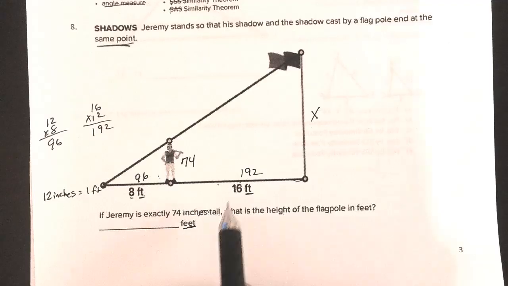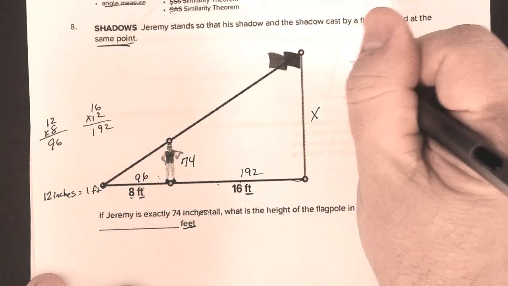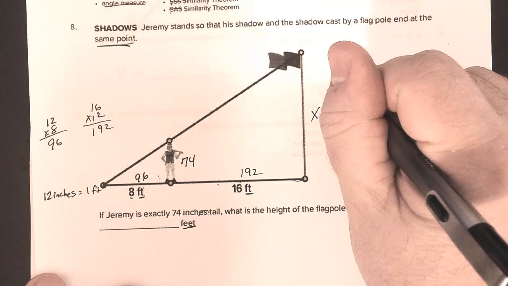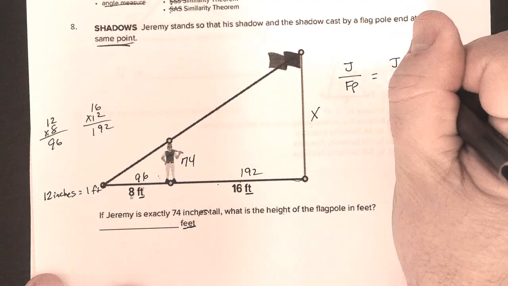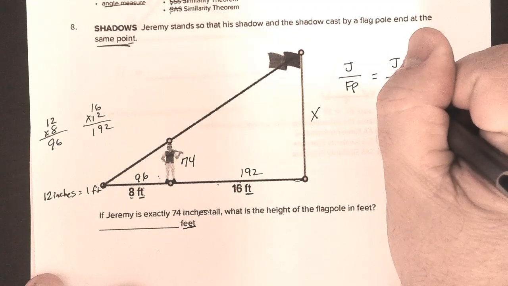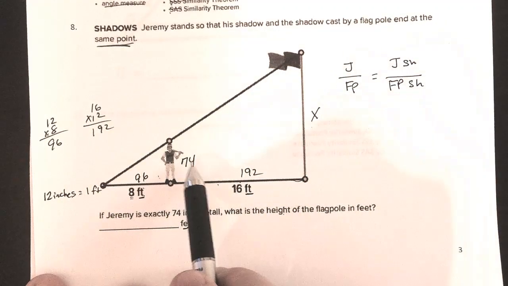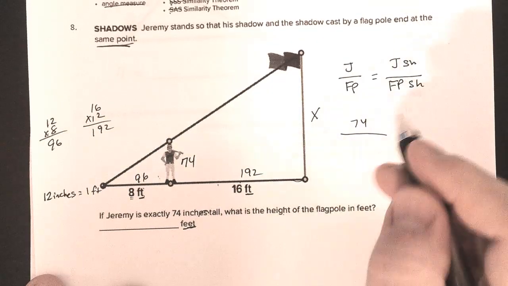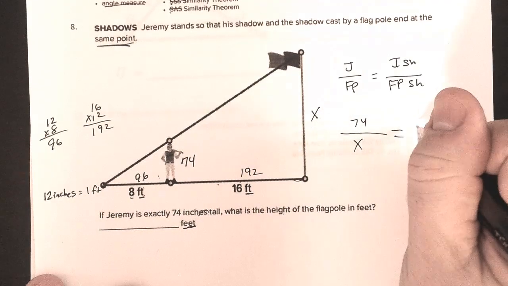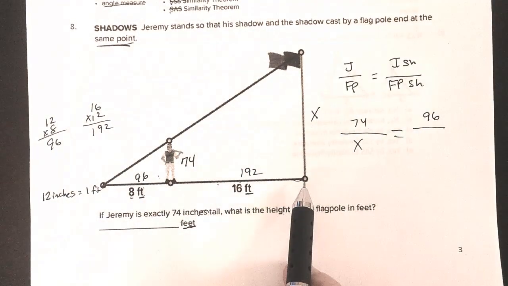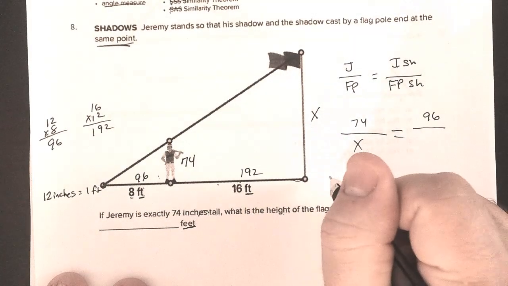So now we're dealing in inches. So our ratio is going to be Jeremy to the flagpole, and then Jeremy's shadow to the flagpole's shadow. Jeremy is 74 inches tall. The flagpole is what we're looking for, so it's X. His shadow is 96 inches. The flagpole's shadow is from here to here, just like we've talked about segment addition.